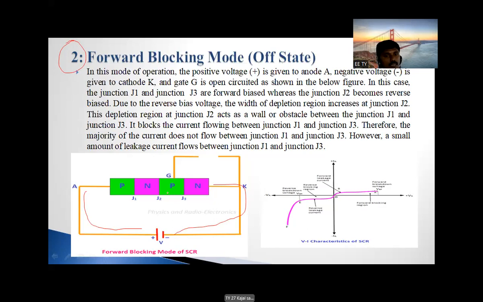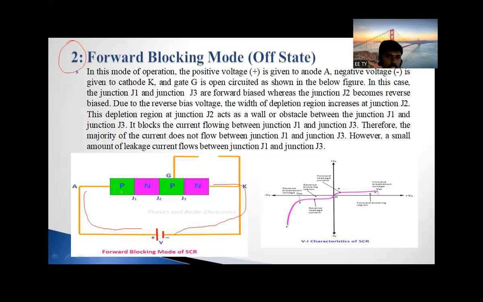Due to this, will junction J1 become forward bias or reverse bias? Forward. Why?